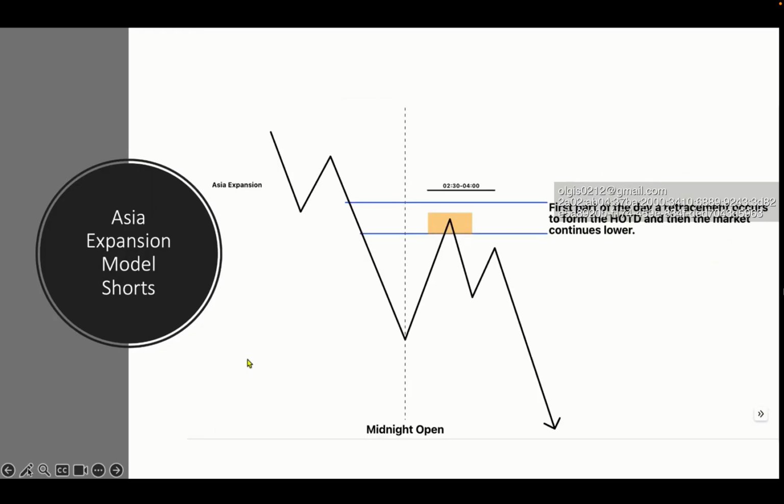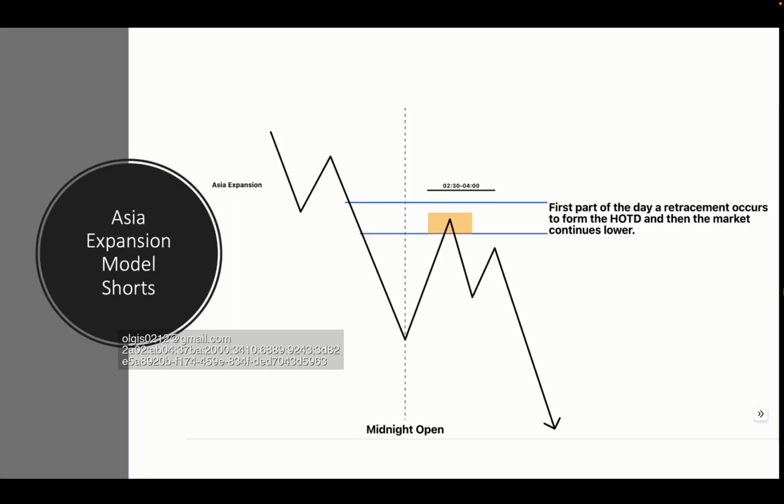The next model that we will be looking at is the Asia expansion model for shorts. This model sets up when Asia is an expansion leg lower, so it means during the Asia session we saw speed and velocity to the downside. Then from the midnight opening or around the midnight opening, we want to see a retracement occur into an imbalance that formed during the Asia session.